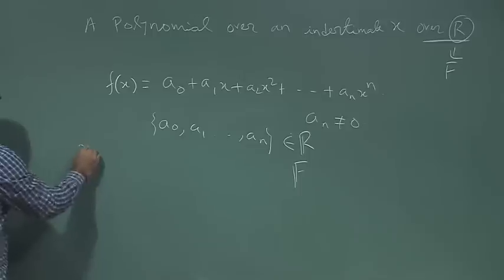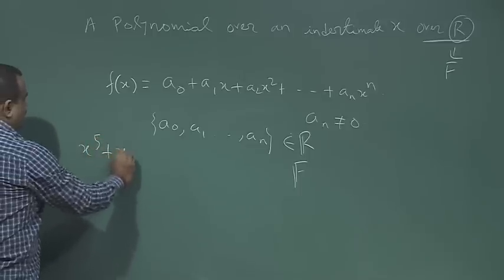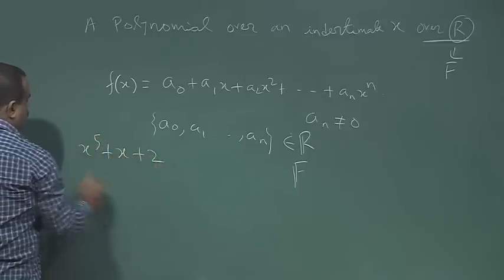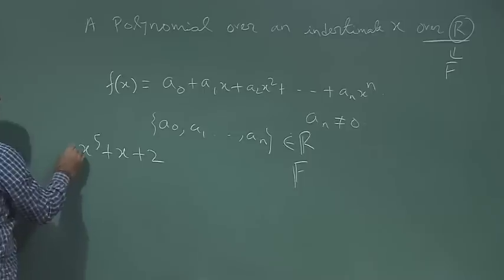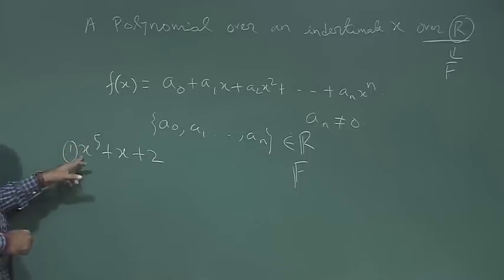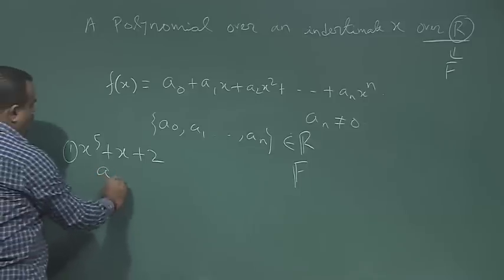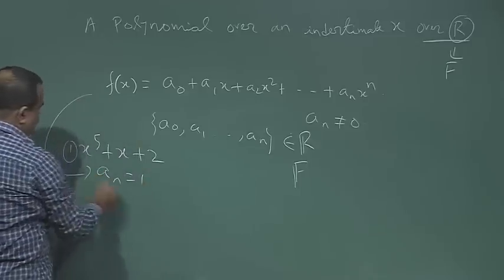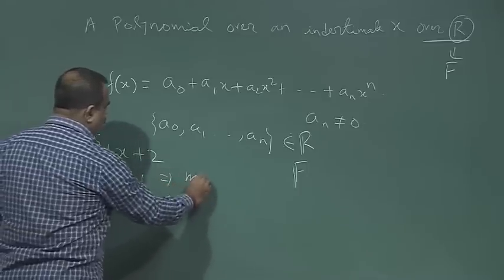A polynomial like x to the power 5 plus x plus 2 is a monic polynomial because the coefficient corresponding to the highest degree is 1. So if an is 1, then it is called a monic polynomial.